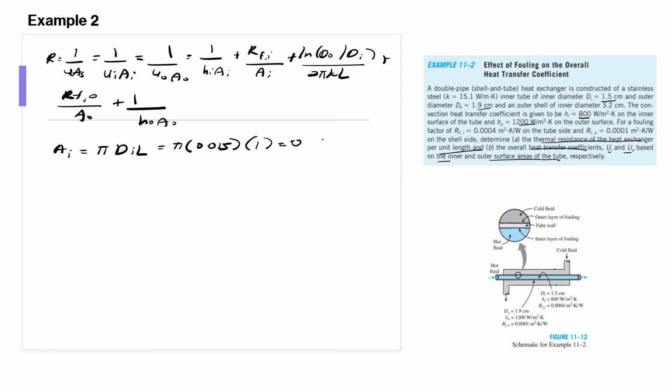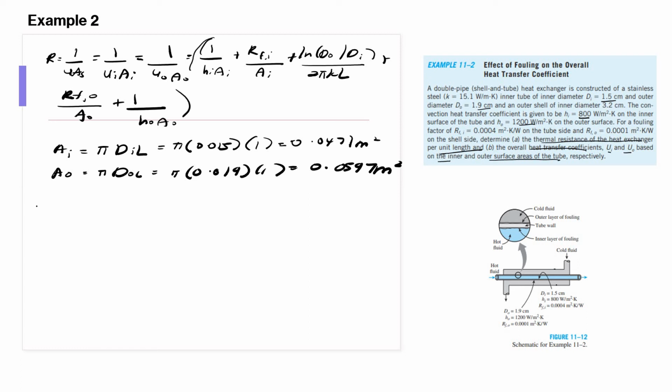So it is equal to 0.0471 meter squared. A naught is equal to pi D naught L, equal to pi times 0.019 times 1, equal to 0.0597 meter squared.